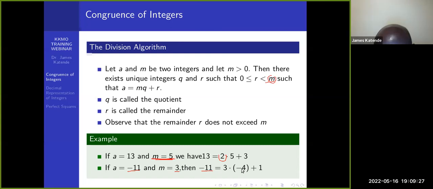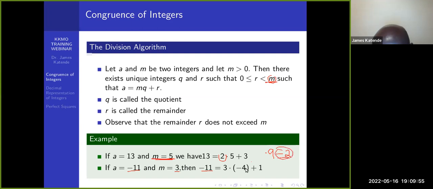But then that would be a problem, because to get negative 11 you have to have negative 9 minus 2. So the remainder will be negative, and we want the remainder to be at least 0. R must not be negative, so you can't use negative 3 here.